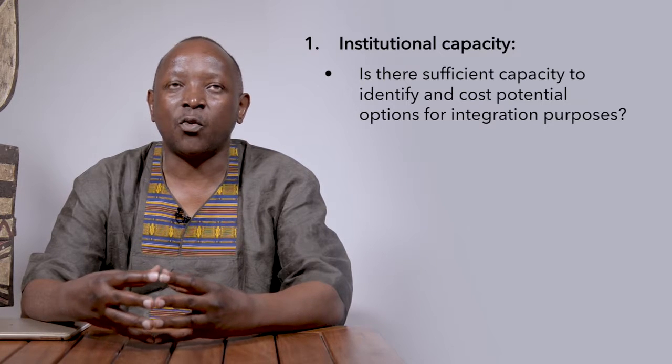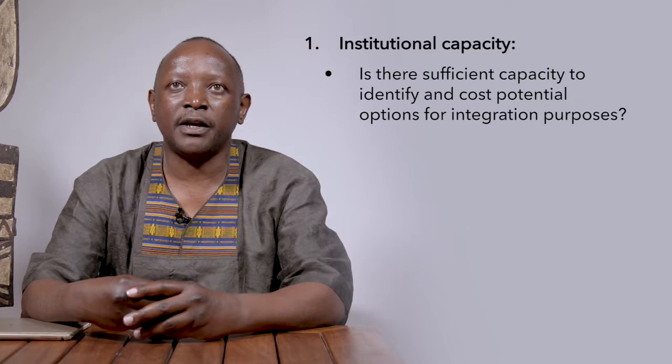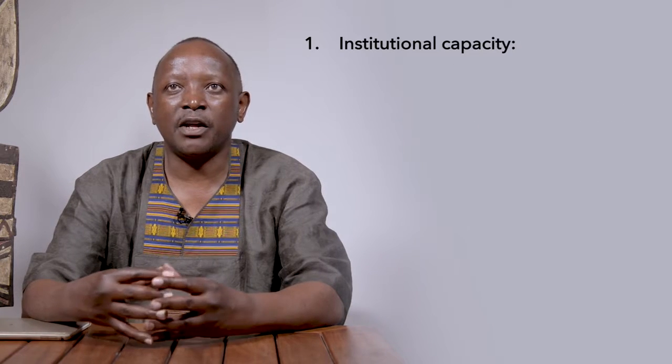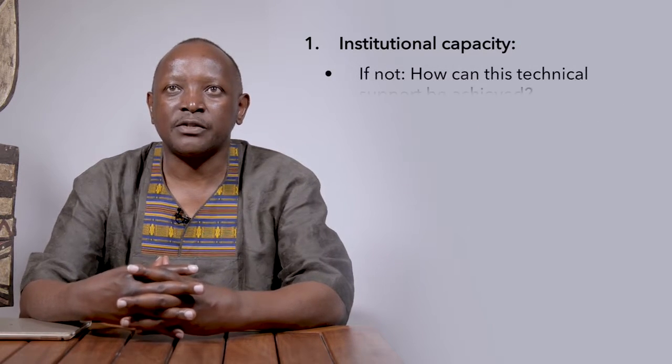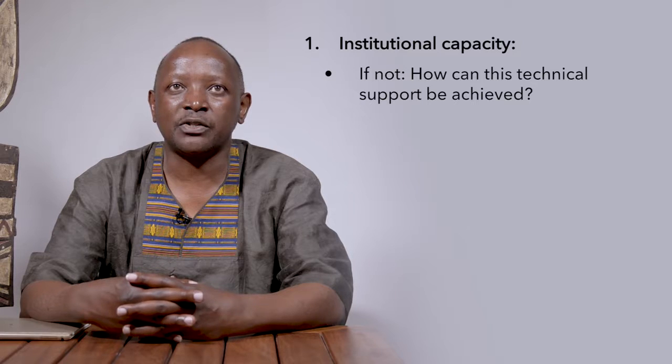This might require assessing the affordability and the identification of available financing options. If these are not available, then we have to ask ourselves how this technical support can be achieved using our partners or development partners or other stakeholders.